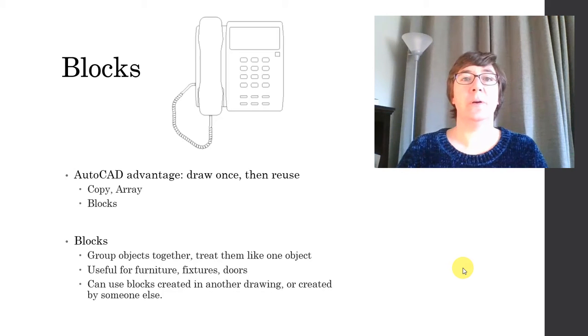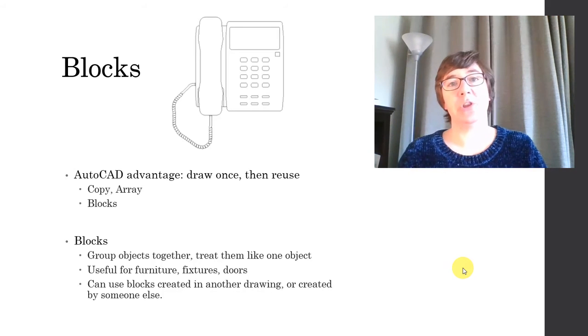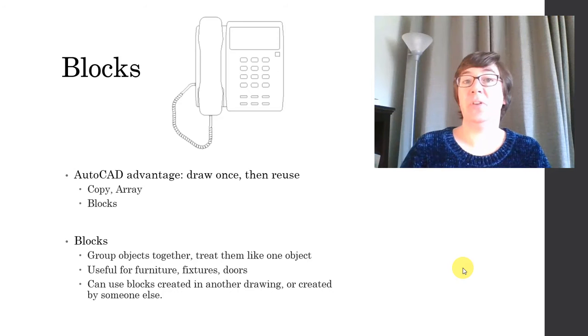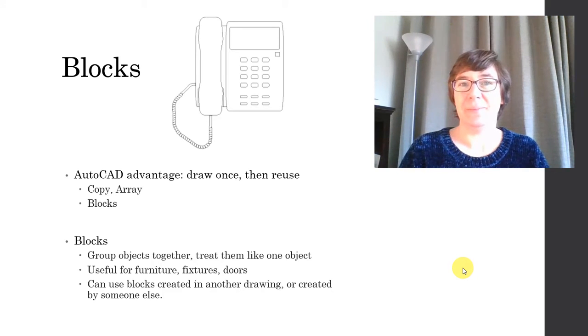They're useful for discrete items such as furniture, fixtures, doors, things that you'd like to keep together and move all as one piece. You can use blocks that have been created in another drawing. You can also use blocks that were created by someone else.